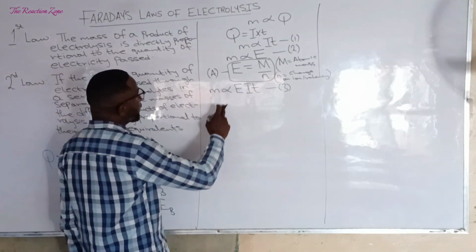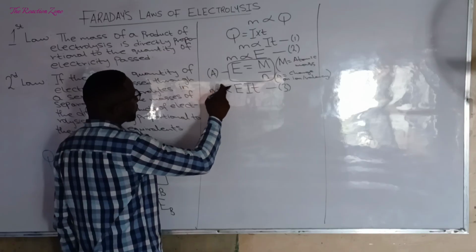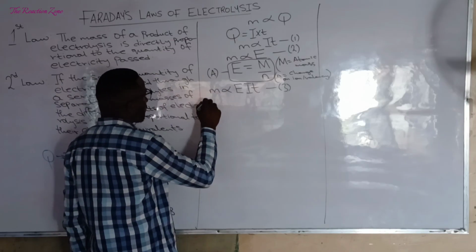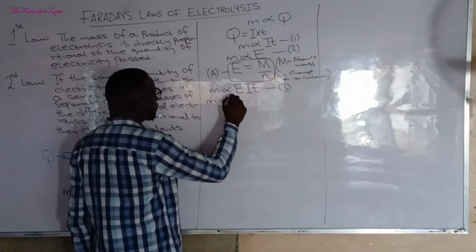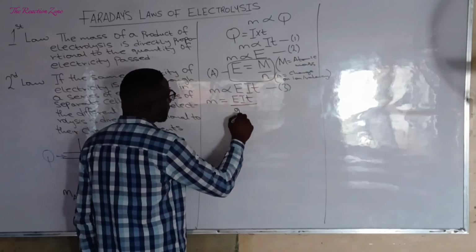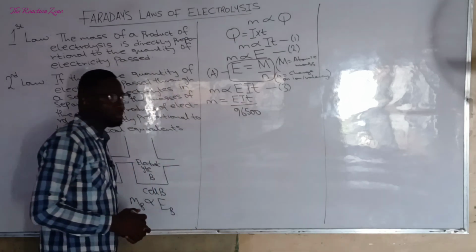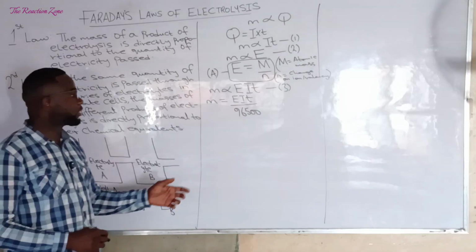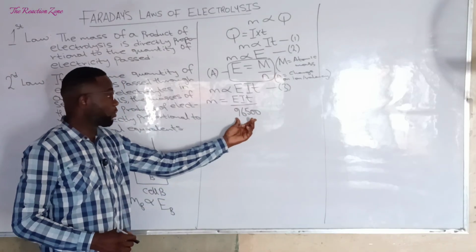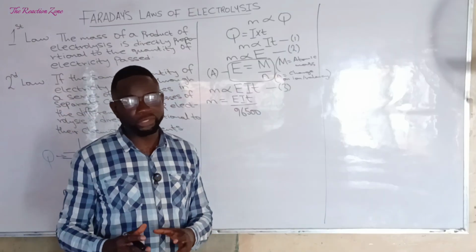Now, when this proportion sign here changes to an equality sign, m becomes equal to EIT over 96,500. Now, 96,500 coulombs, which is what this represents, is known as Faraday's constant.